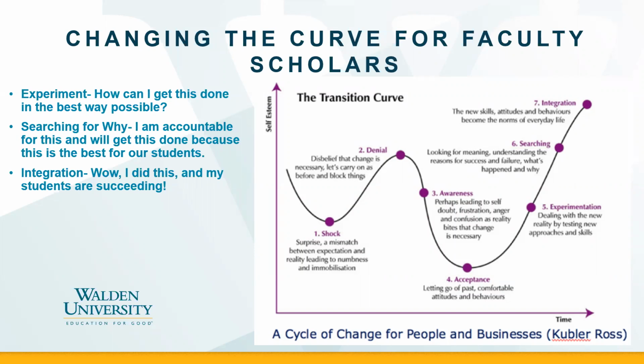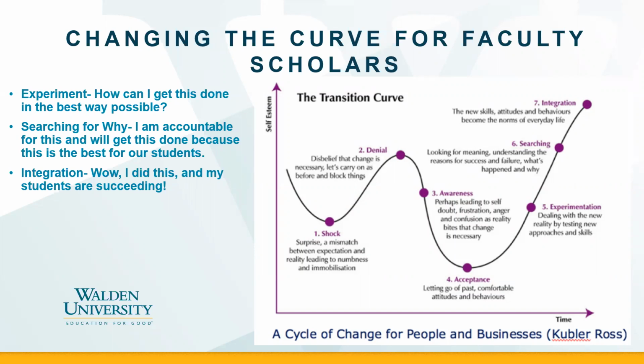We're testing our new reality by implementing new approaches, developing new skills. And I can say that the experimental phase of the change model is, to me, the most exciting. This is when you really see how things are working, how things can improve.